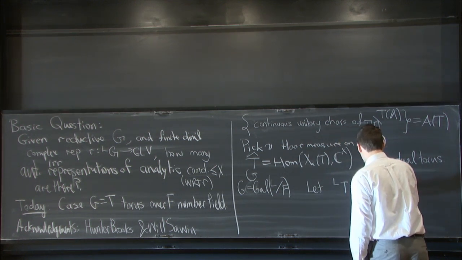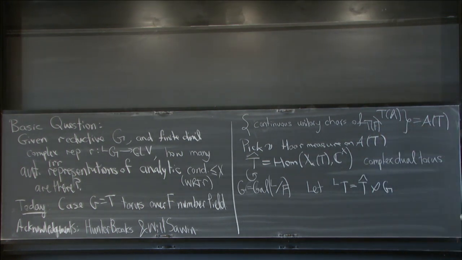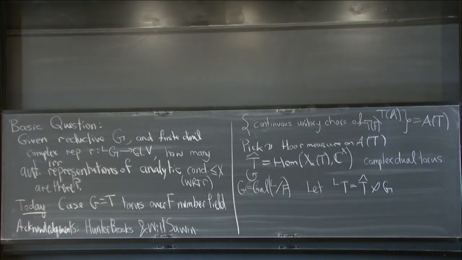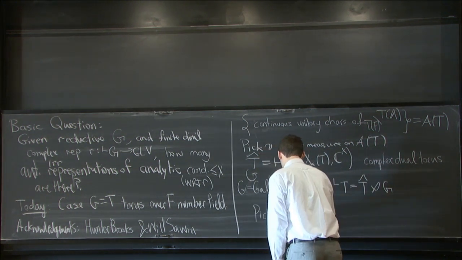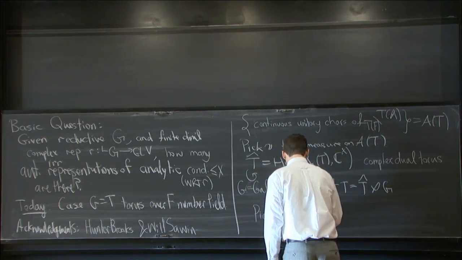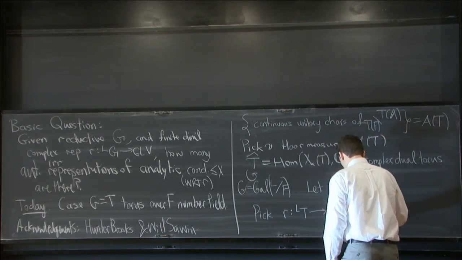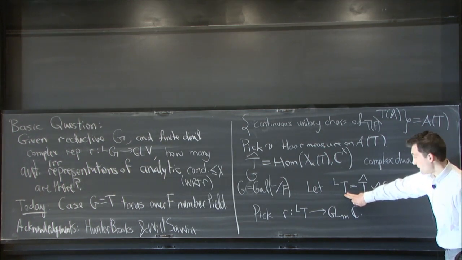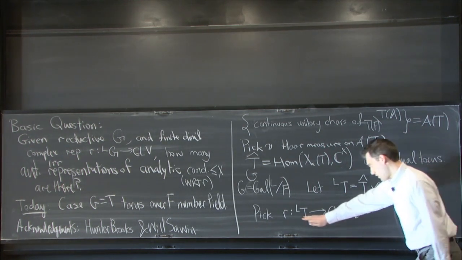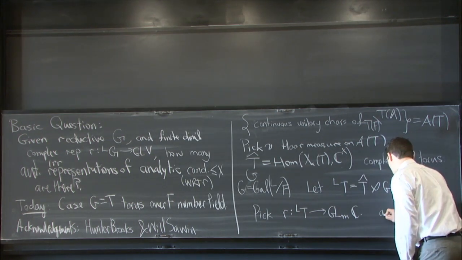LT is just going to be T hat semi-direct this action of G. And so I'm going to pick now a representation R from LT to GL_m(C). This is a complex algebraic group, and so is this. So I also want to demand that this representation R be algebraic.